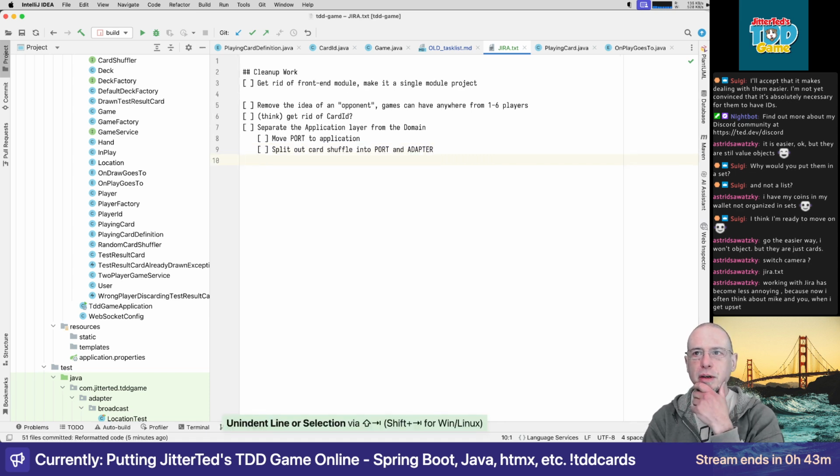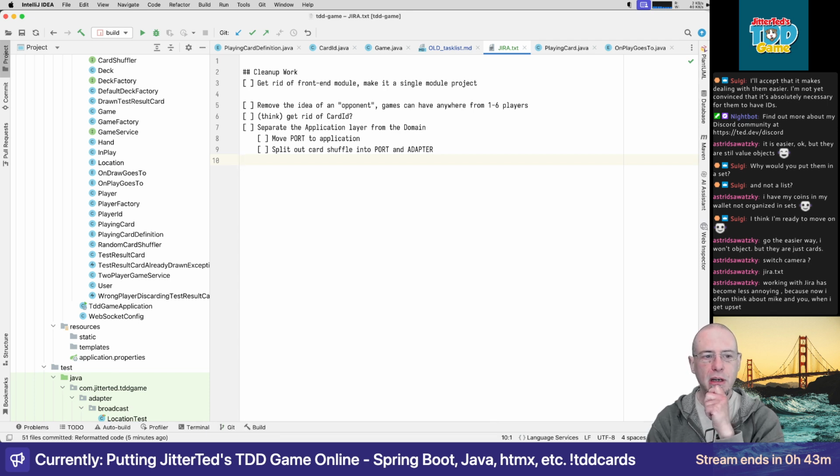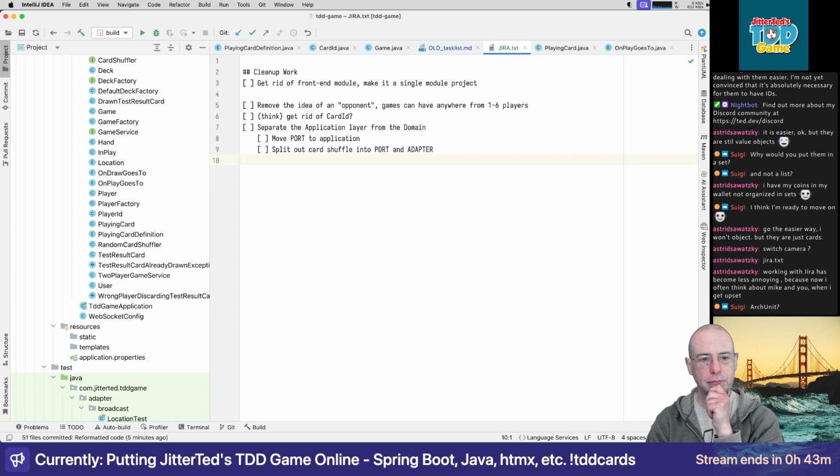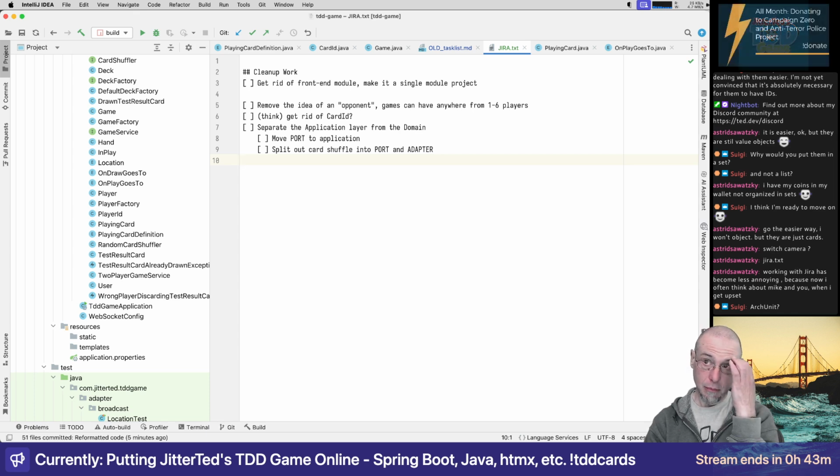So there's some stuff around architecture, testable architecture, that I need to clean up. Yeah, I was thinking ArchUnit. I'm not quite ready to pull in ArchUnit just yet, but certainly as part of that, we'll pull in ArchUnit.